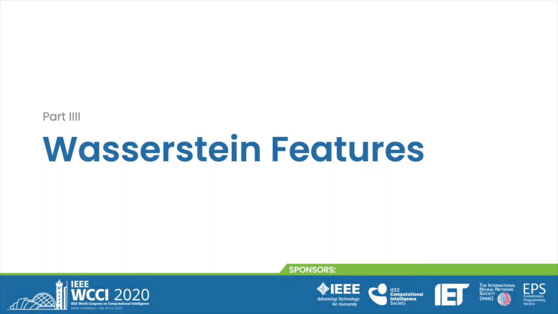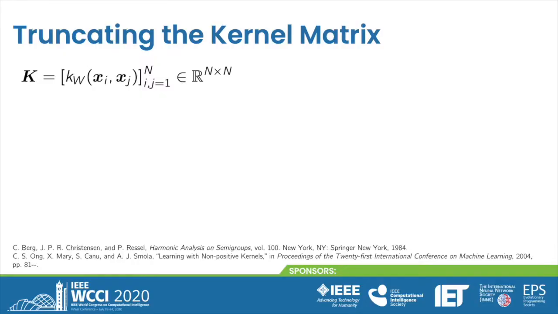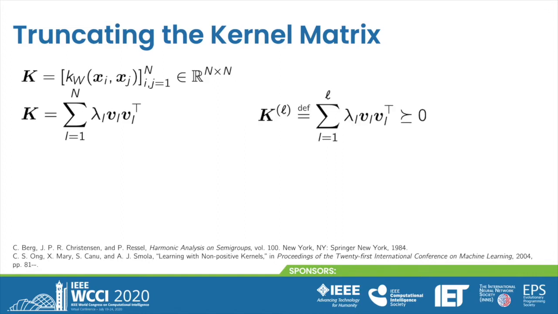The idea of Wasserstein features is not only constructing positive semi-definite kernels by definition, but also allowing out-of-sample extensions, allowing to reduce the computation cost. And the way it works is actually quite simple. It's just by computing the eigendecomposition of the kernel matrix based on, let's say, a core set, and truncating it by dropping the negative eigenvalues, which you will know will be small in magnitude.